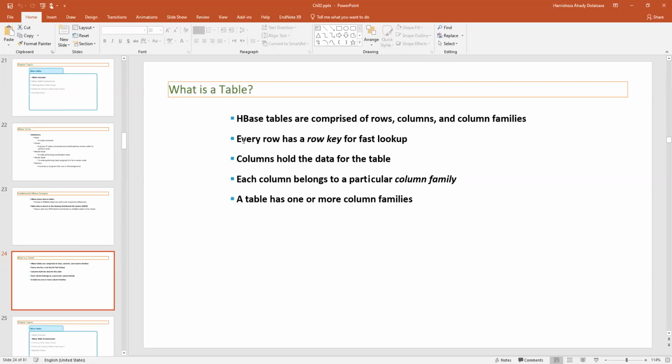You might have an address family, maybe your state, country, or block number. So basically you divide your columns into families, or cluster them over families. For each row, we have a row key to look it up, and columns hold data for the tables.